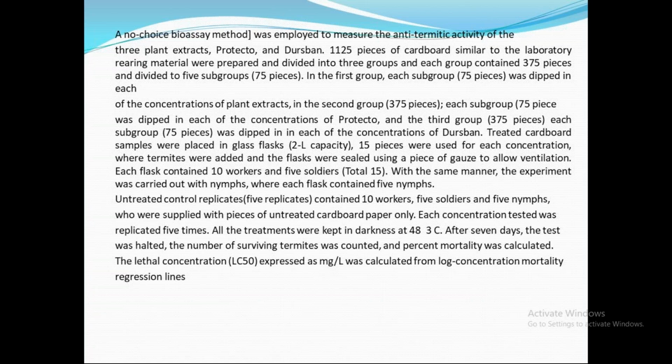In the first group, each subgroup of 75 pieces was treated with each of the concentrations of plant extracts. In the second group, 375 pieces, each subgroup of 75 pieces was treated with each of the concentrations of Protecto. And the third group, the same numbers in each subgroup, for each concentration of Dorsban.